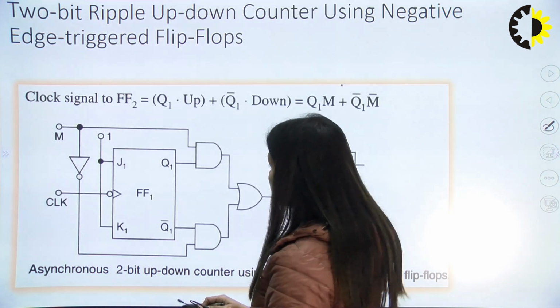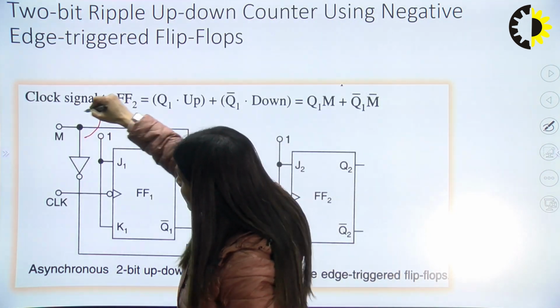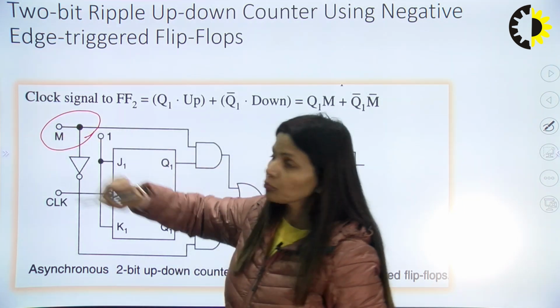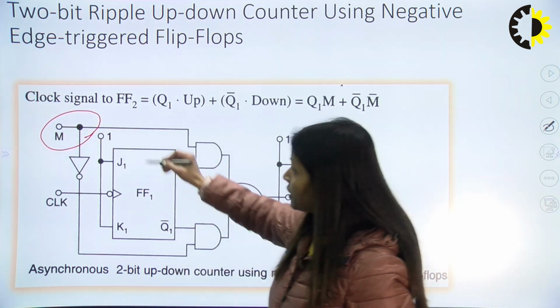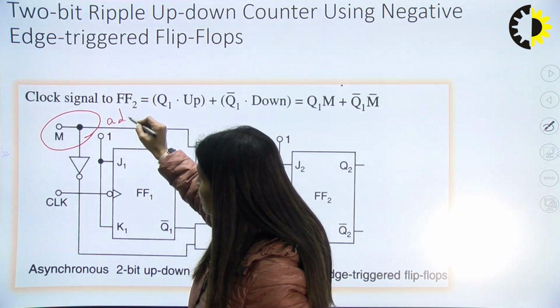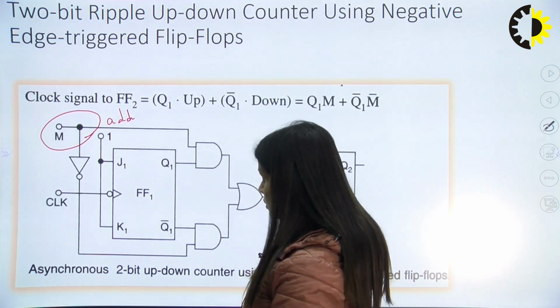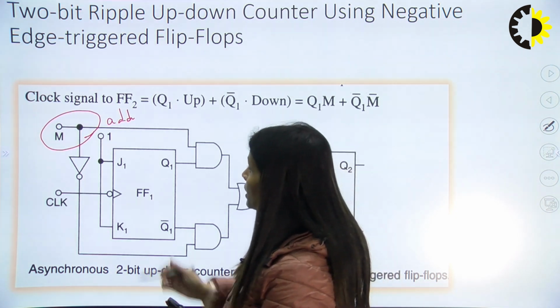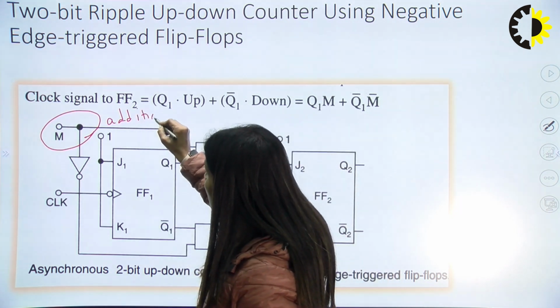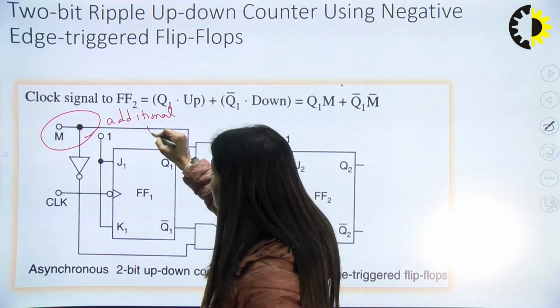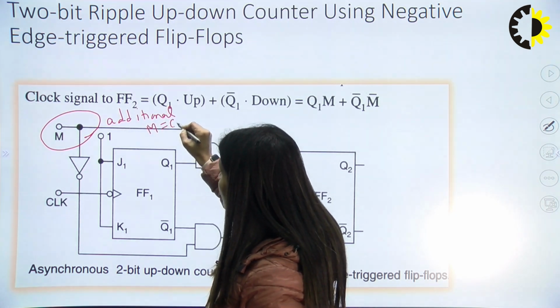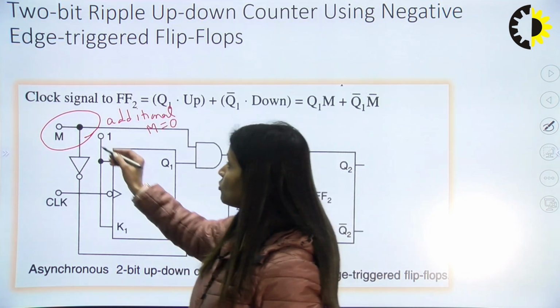So I am taking one additional input, and that is M. Let us suppose M is equal to 0.